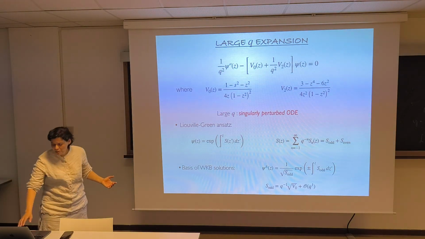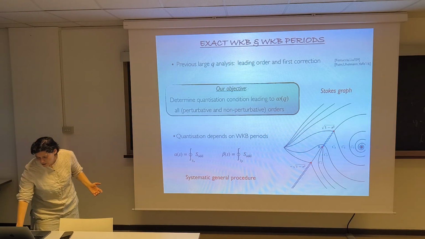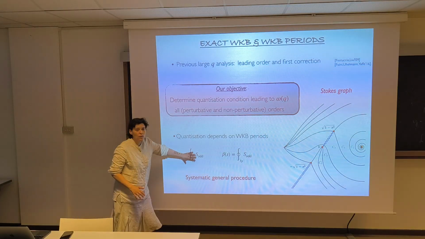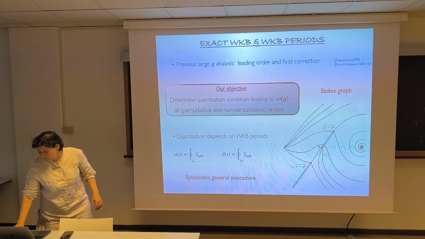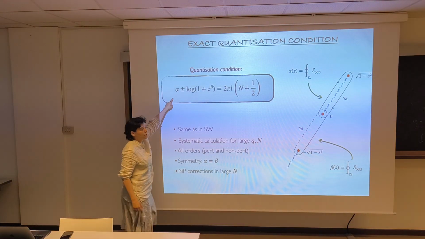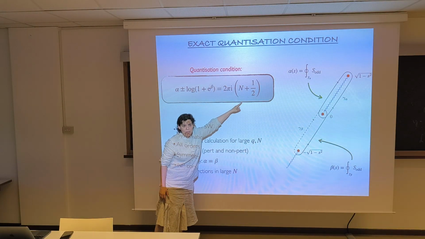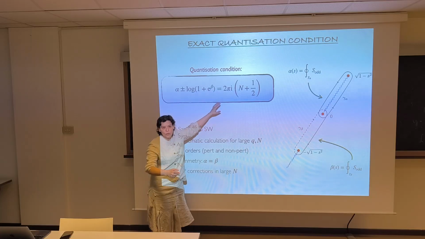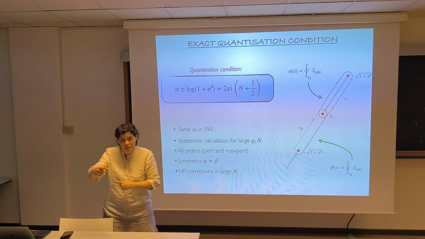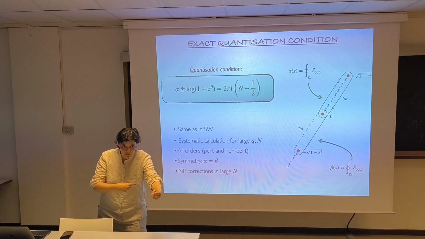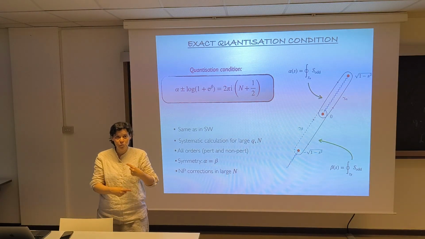Basically, these all depend on Q, and as soon as you plug them in here, they will depend on N. At least the leading order will have a full dependence on N. The subleading orders will have an implicit dependence on N based on the leading one, because they depend on the previous one.